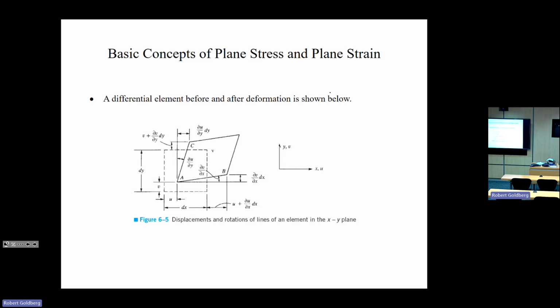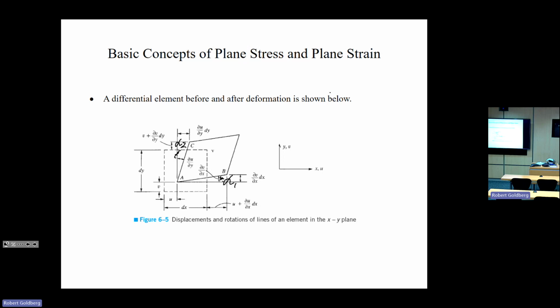Now, where things get a little trickier is where we start looking at shear. So we look at our differential element. Before deformation is this dotted cube. After deformation is the solid line. And you can see all these various displacements in the x and y direction which change, but also you notice these changes in angle here. So this change in angle and this change in angle. This is alpha 1, we'll call this alpha 2.